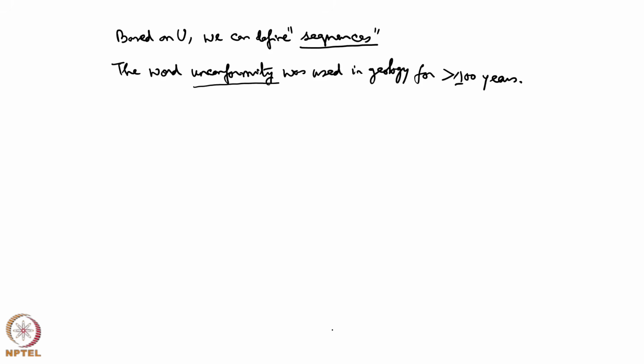Now, with the modern concept of plate tectonics, we have tried to look at unconformities, and we understand that there are 4 major classes of unconformities. What I am going to describe here can be called a modern concept.